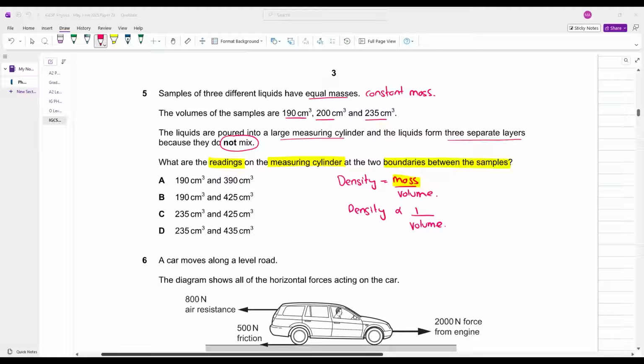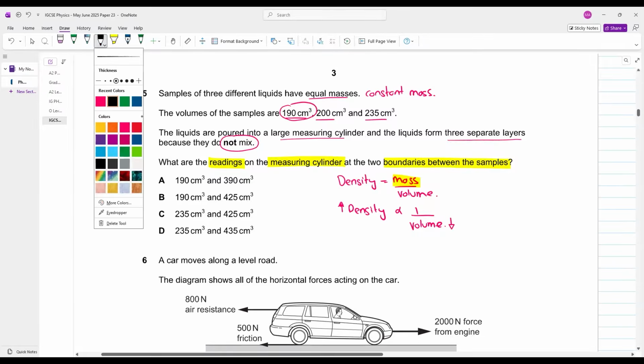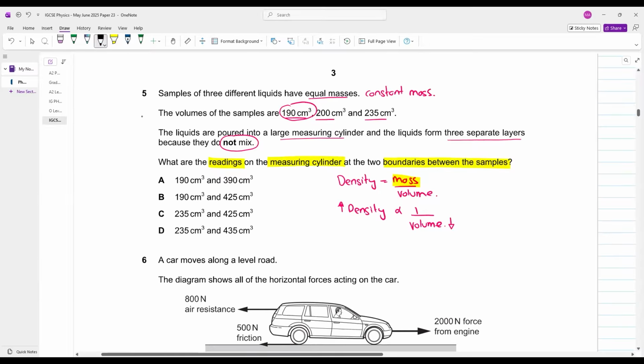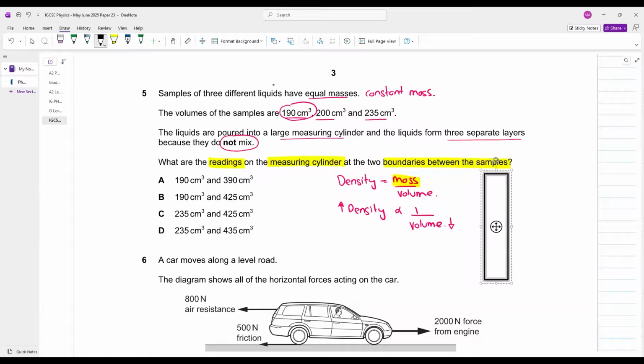Now, the object which has the lowest volume will have the greatest density. Now, if I make a measuring cylinder here, 190 cm cube has the lowest volume. It will have the highest density.